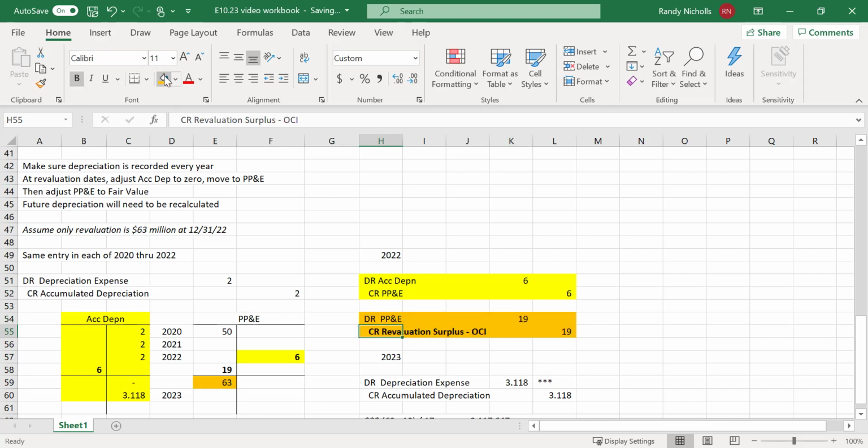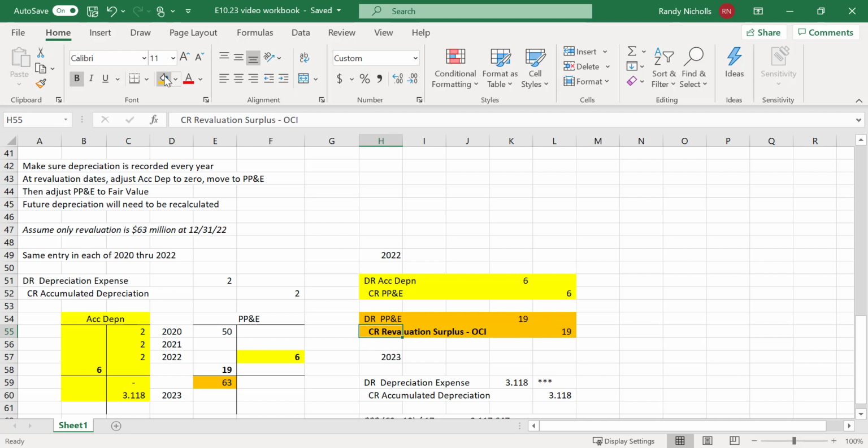And the opposite is this long name that you have to remember, revaluation surplus, OCI. This is other comprehensive income. We will cover this quite a bit in chapter 4. We'll see the terminology a little bit before that, but trust me, it's not really income, but it's kind of income, and we'll go over what it is later, but that's the account it goes to.